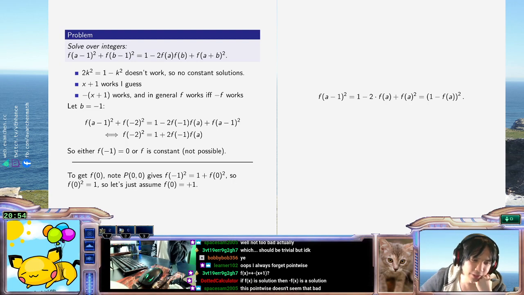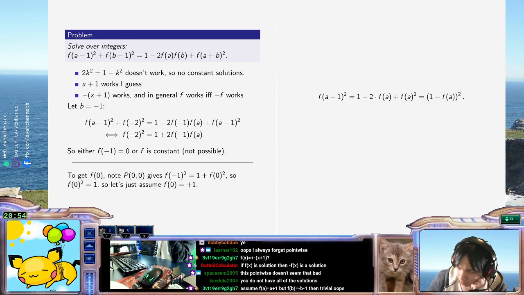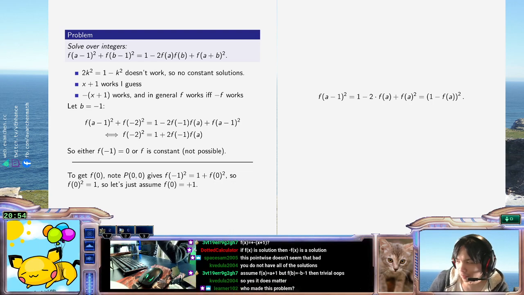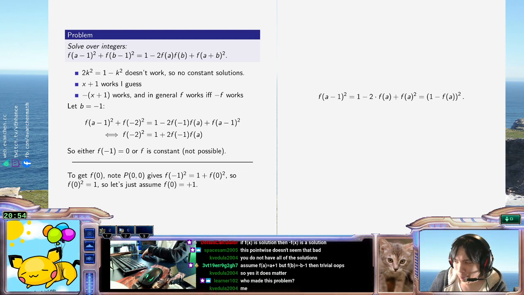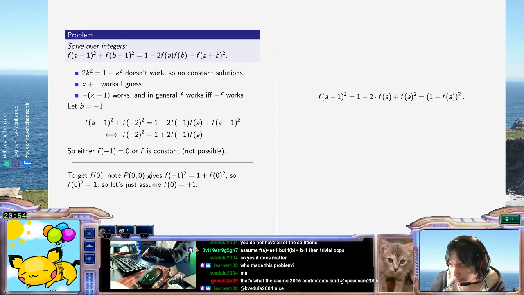If I can show injective, I'm done though. Can I get injective? Like if f of a and f of b are equal, or what happens if f of x equals f of x plus 2? I guess that's very broadly where we're going. I want this to not happen.